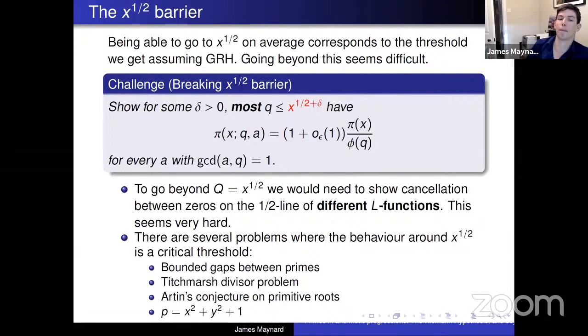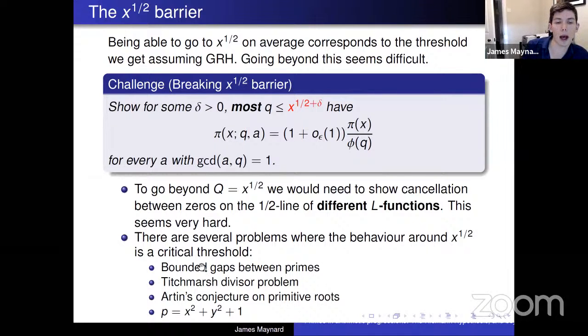So we heard in the introduction that Zhang's work on bounded gaps between primes had this feature, that the key technical idea he really proved was a result about primes in arithmetic progressions, where he was able to go slightly beyond this square root of x range.